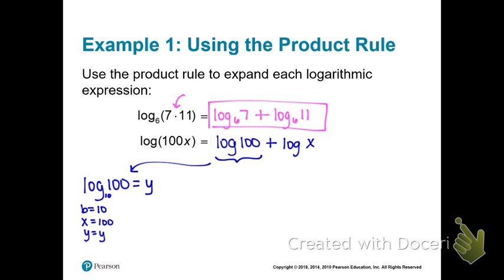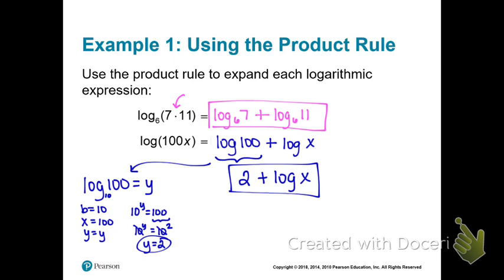So I'm going to change it to its exponential form. b to the y equals x. Remember, we can rewrite 100 as 10 to the second. It goes down to a base of 10. My bases are the same, so we ignore them. And so we know that y is equal to 2, which means that log of 100 is equal to 2. So I'm actually going to put that here. So this is 2 plus log of x.